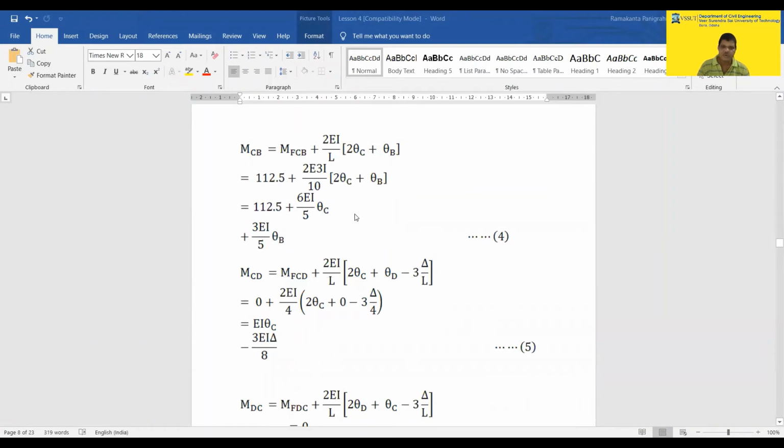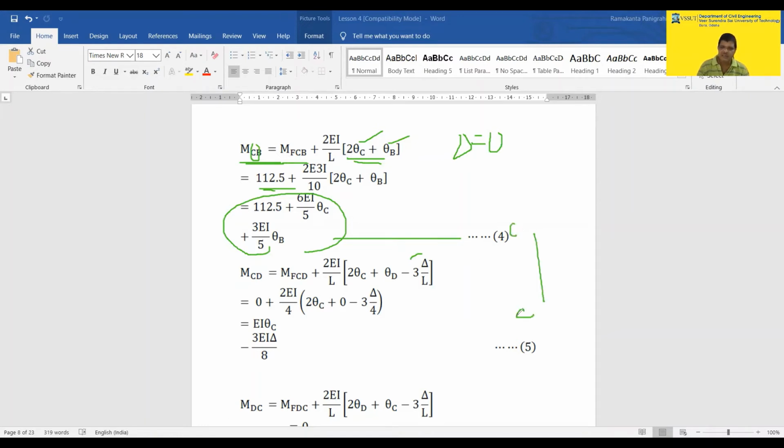MCB. If you go to MCB, you will find that in MCB delta is equal to 0. So there will be theta C and theta B. The value of C is 2 theta C, and then the FEM of CB is given. You can write down the equation number. In equation number 5, again, delta will come because CD is the vertical member.